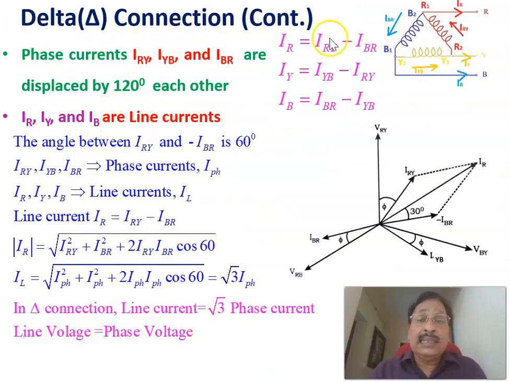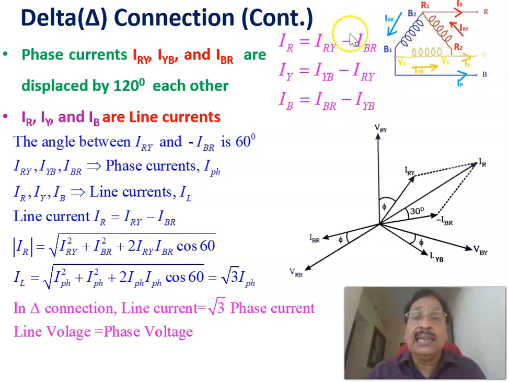Continuing the delta connection, this is the same delta connection shown. As I told you, IR equals IRY minus IBR, IY equals IYB minus IRY, and IB equals IBR minus IYB. Each current, for example IR, equals this current minus this current. Similarly, you can apply Kirchhoff's current law to these nodes and derive the equations.